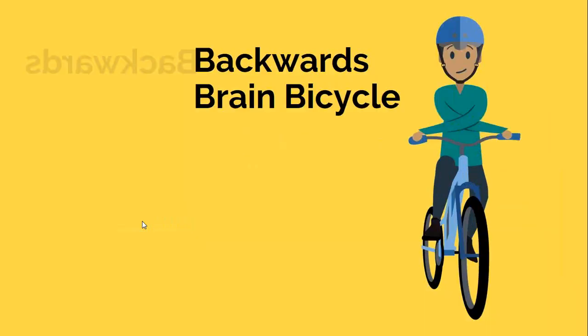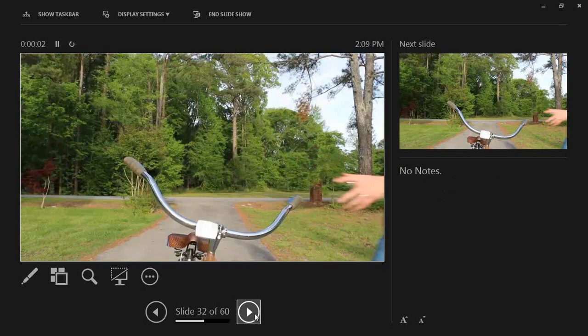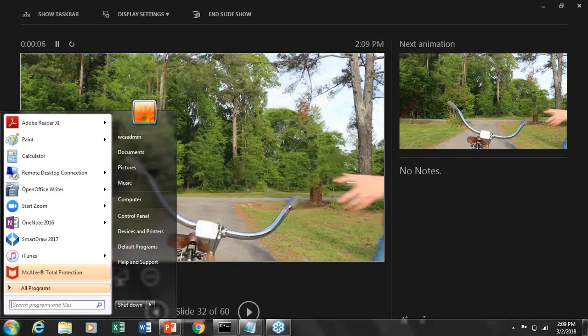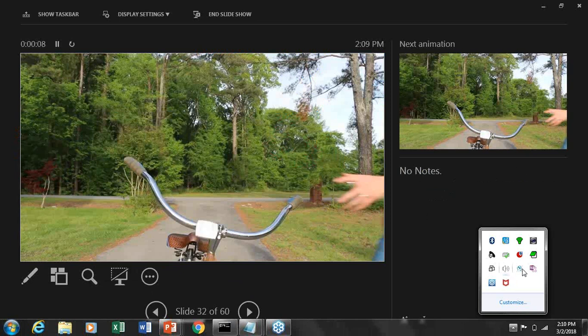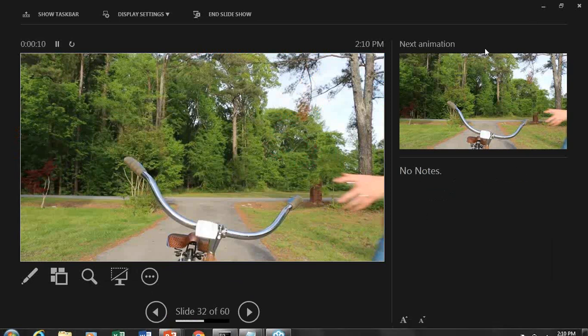Shift Alt F5. Ta-da! Oh, it's still not showing though. All right, so let's try this. I hope this works. We will know in just a second.